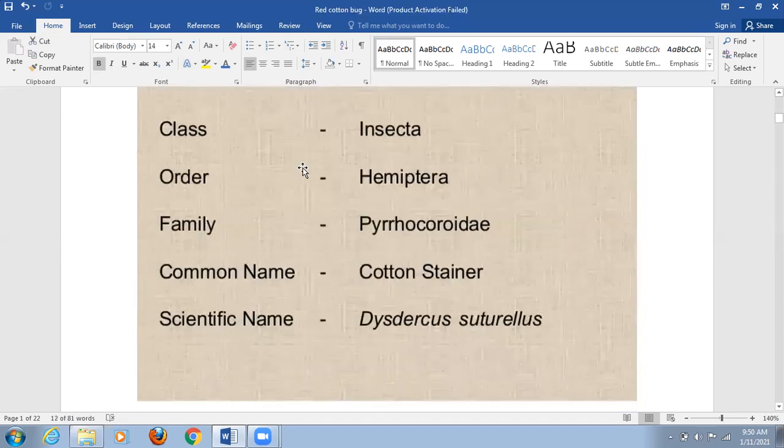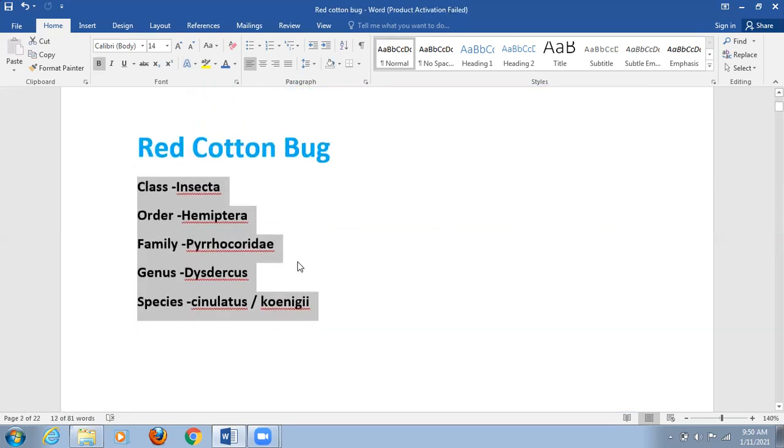This is the kingdom Animalia, then class Insecta, then order Hemiptera, family Pyrrhocoridae, genus Dysdercus, and species cingulatus. This one is the systematic position of the red cotton bug.